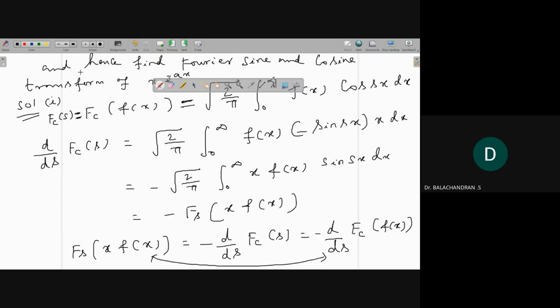And hence you need to find the Fourier sine and Fourier cosine transform of x into e power minus ax. First I am going to find the Fourier sine transform of x into e power minus ax.